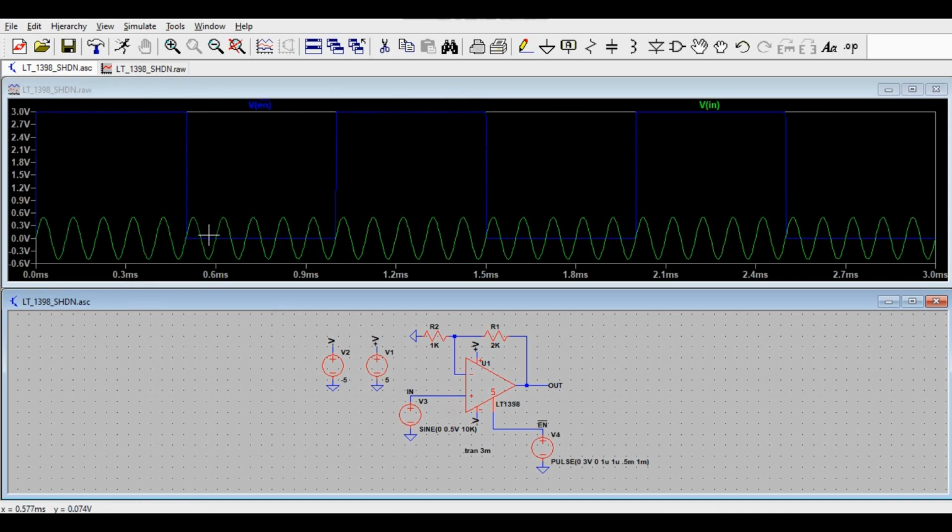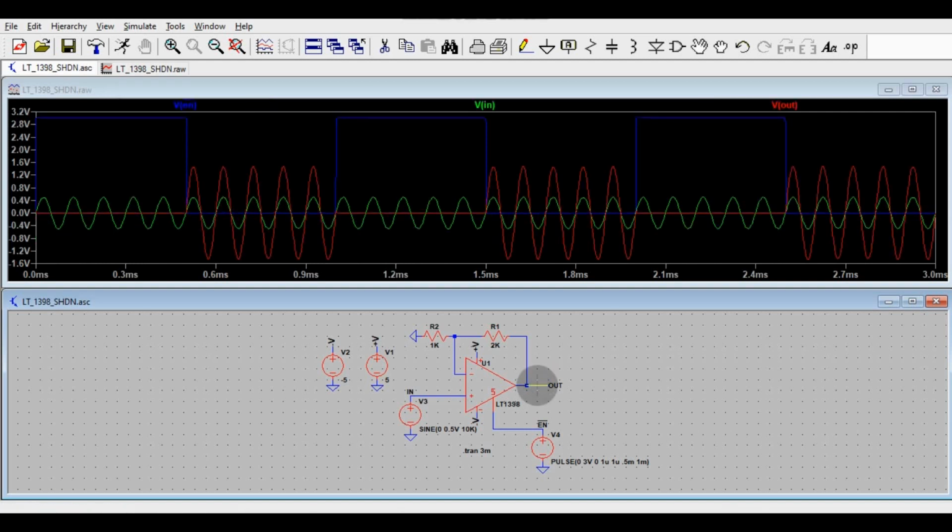So let us see the behavior of LT1398 when your enable signal is high and when your enable signal is low. What you need to do is just click at the output. So click it here. Once you click it here, you can see when your enable signal is high, there is no output.